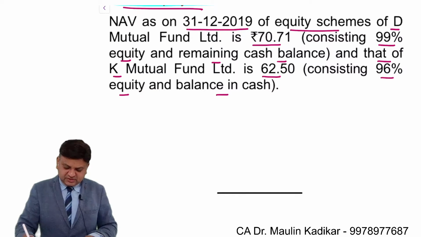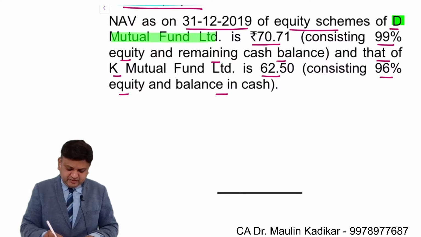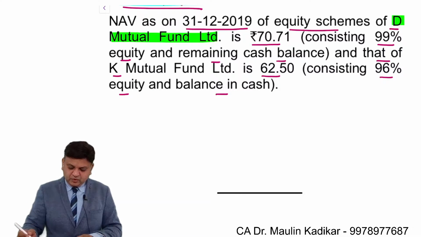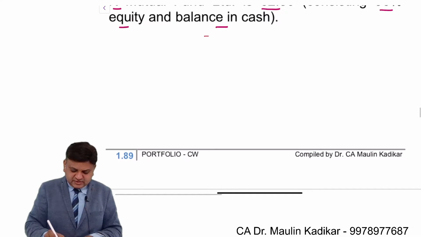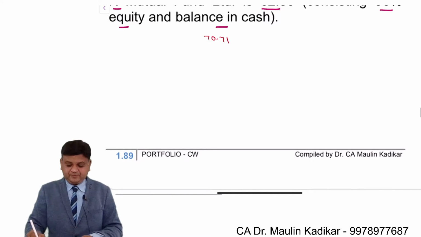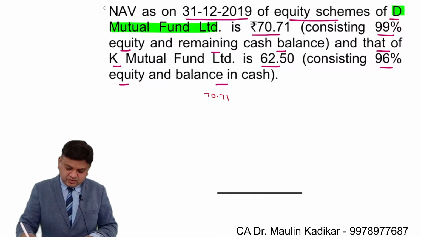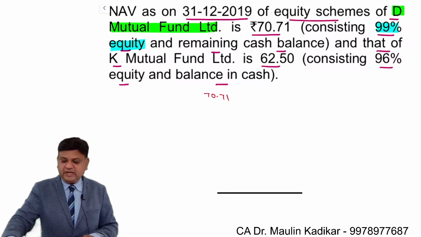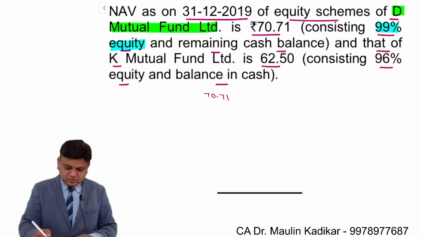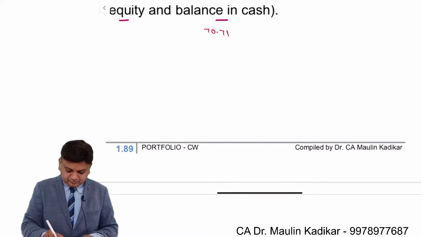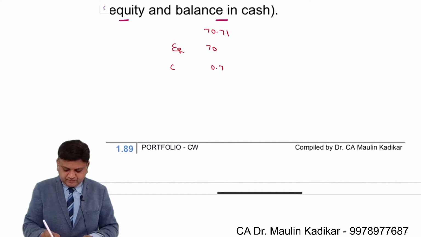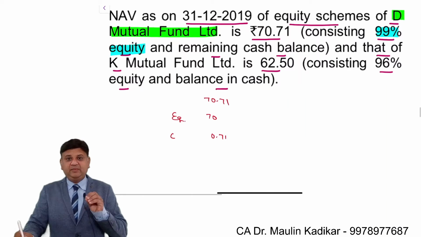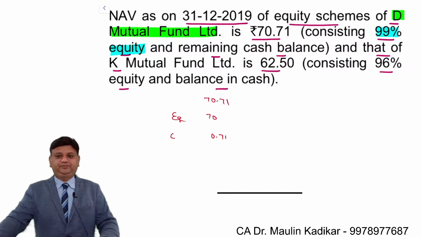I am discussing mutual fund D. For mutual fund D, it is 70 rupees 71 paise, consisting of 99% equity. So use a calculator, 70.71 into 99%, that comes to 70 rupees. So this is equity and this is cash. This is the way we do the preliminary bifurcation.